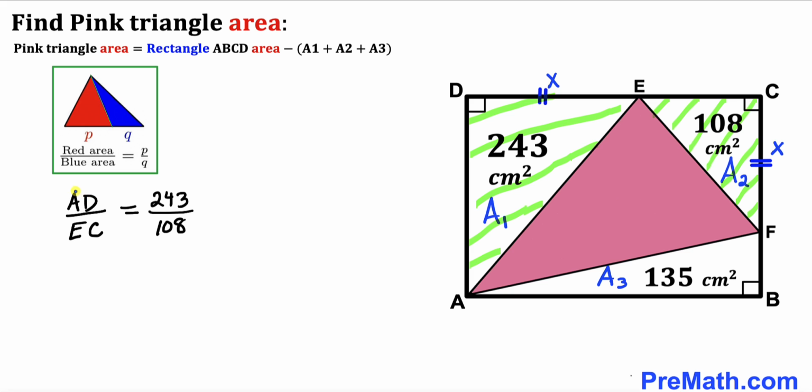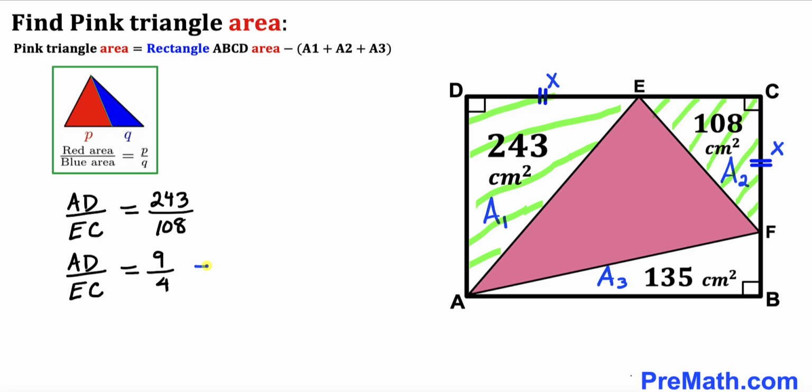So therefore we can write AD divided by EC equal to the ratio of their areas, 243 and 108. And if we reduce this 243 divided by 108, that gives us 9 divided by 4, as you can see in this next step.